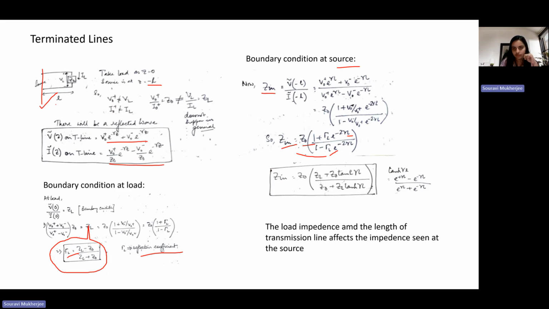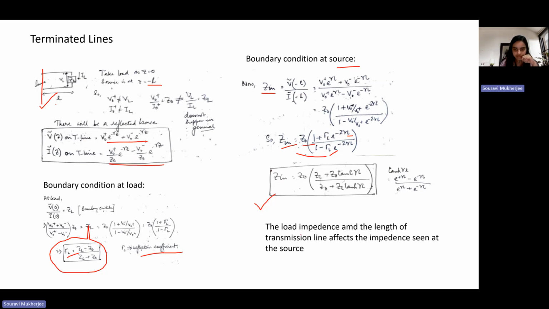So if you rewrite this, you can write it in this form, which gives us a relation between how the different parameters of your transmission line can be used to relate the characteristic impedance of the line, the length of the line, or the load impedance with the impedance at the source.